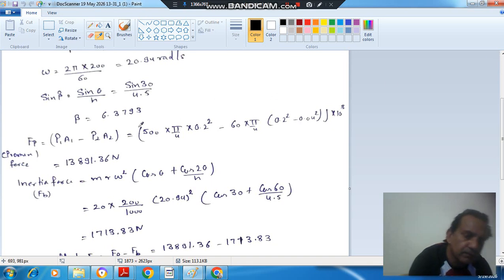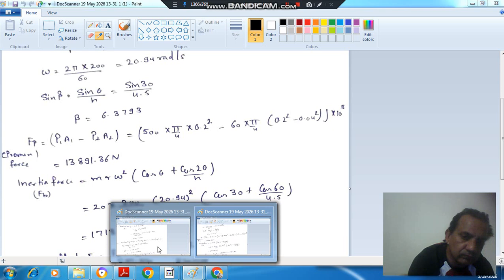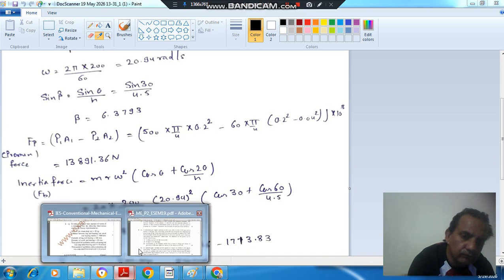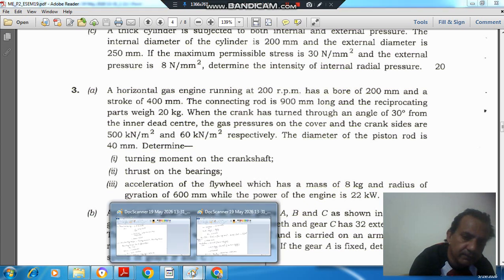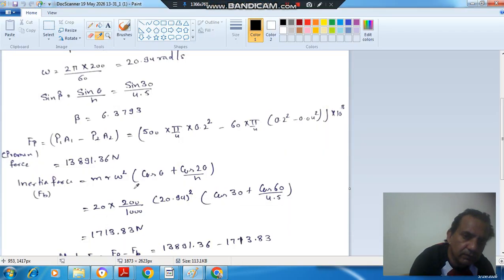Now after getting all the data we will calculate the forces. First force is the pressure force. Pressure force is force on cover side minus force on crank side. Force on cover side is P1 into A1 and force on crank side is P2 into A2.